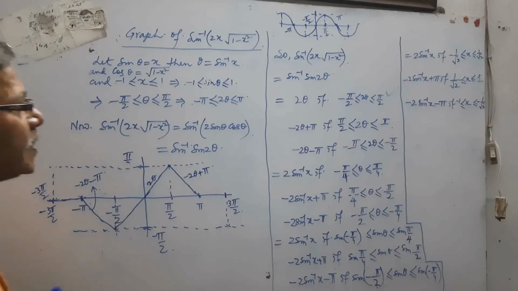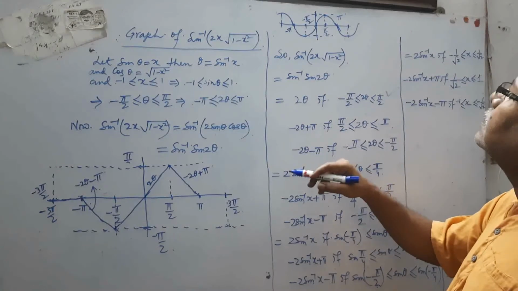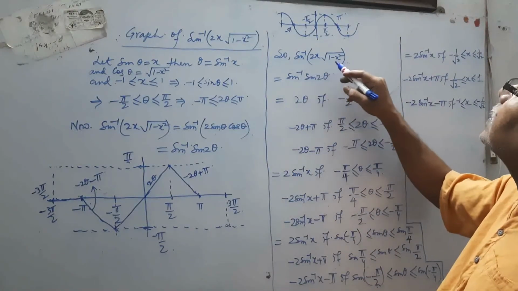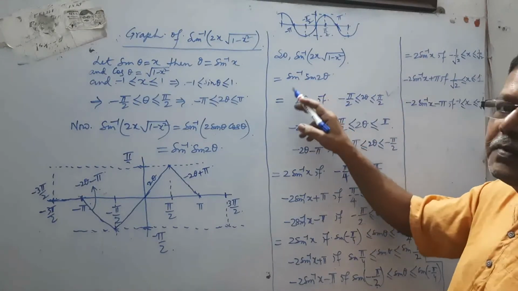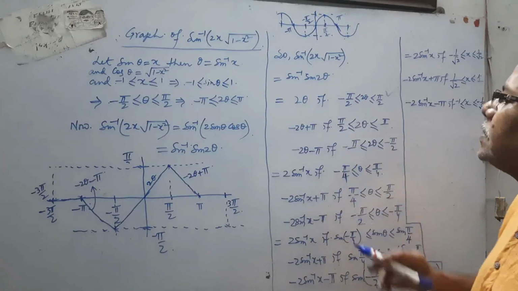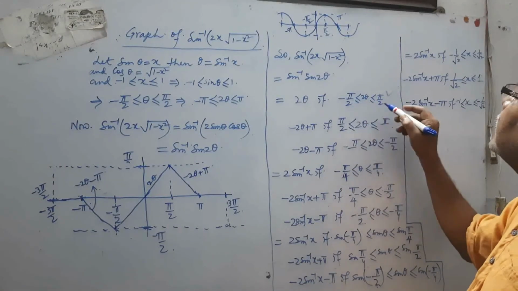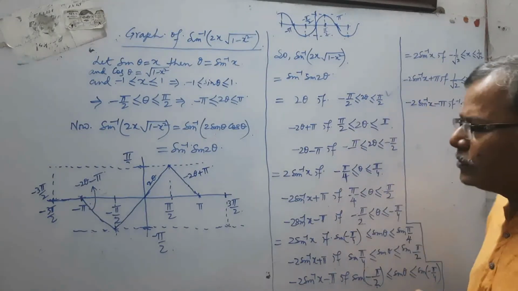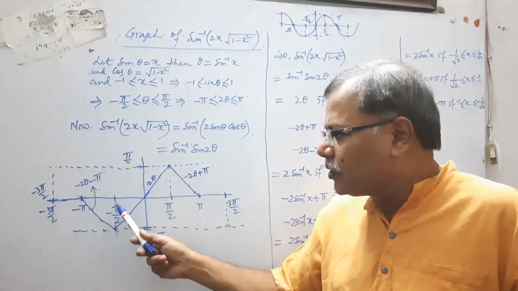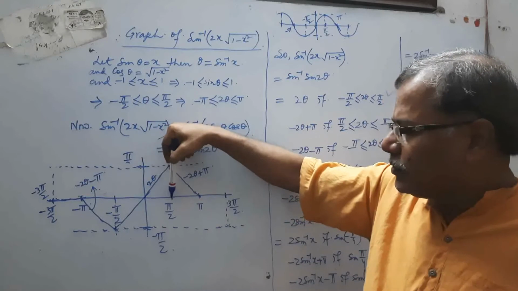So finally what I have written over here is sine inverse 2x root over 1 minus x square can also be written as sine inverse sine 2 theta, that is equal to 2 theta if 2 theta is greater than or equal to minus pi by 2 and less than or equal to pi by 2. Means I am talking about this interval from minus pi by 2 to pi by 2.